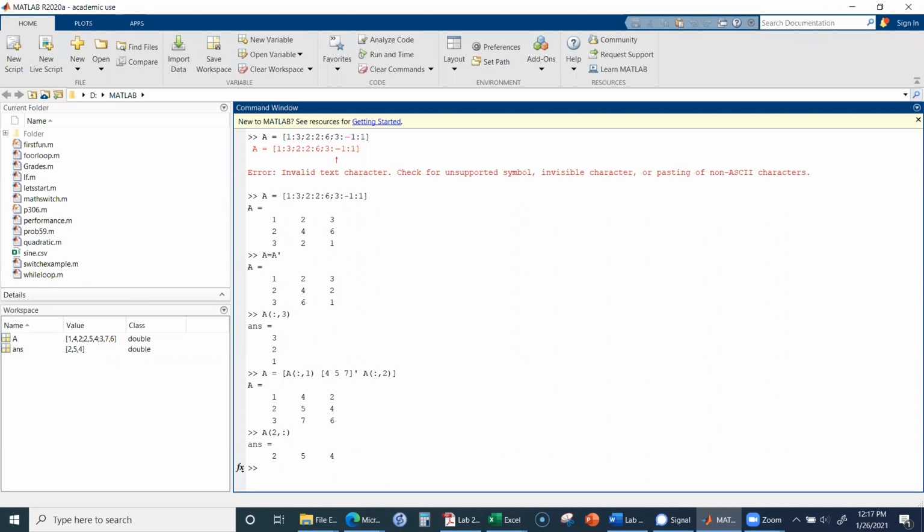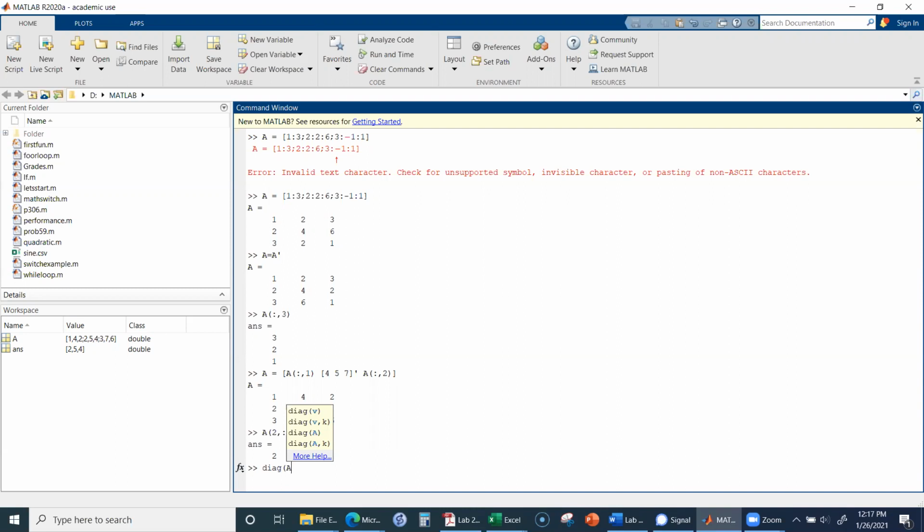Okay, so there are some other functions as well. For example, if we have this matrix A and you want to find its diagonal, there is a diagonal function. It will return the elements in the diagonal of the matrix.